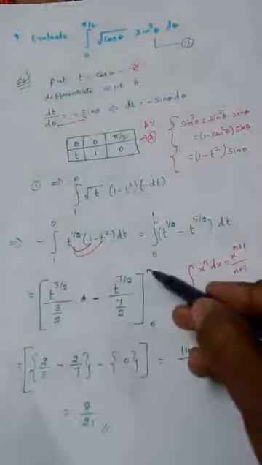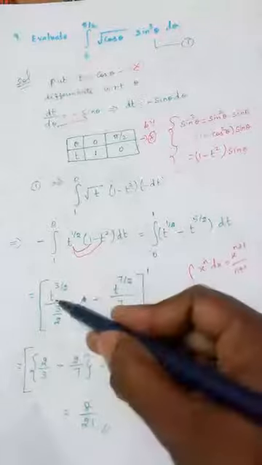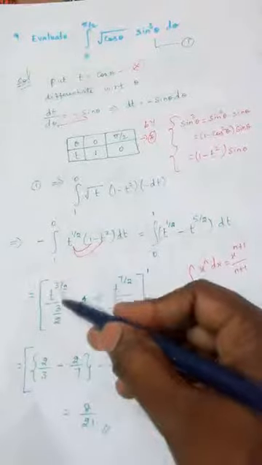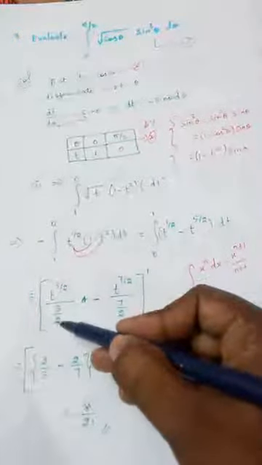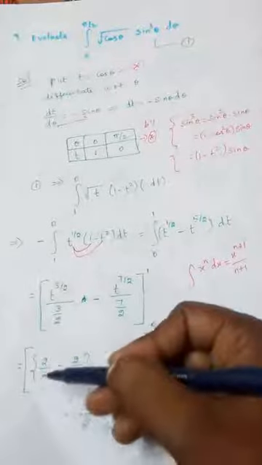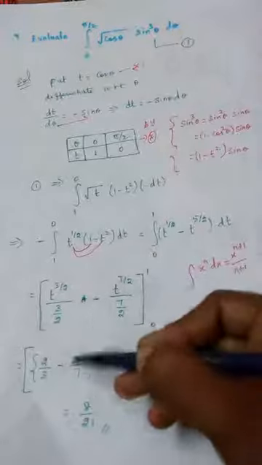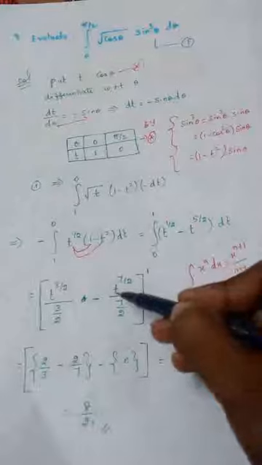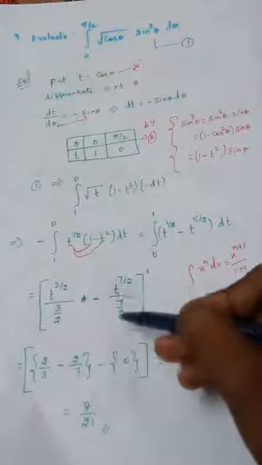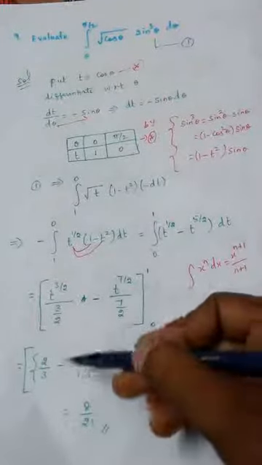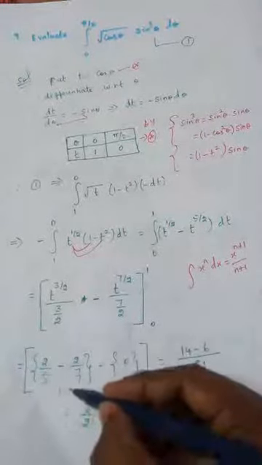Applying the limit, first apply the upper limit, 1. 1 power 3 by 2 is 1, so 1 by 3 by 2, upside down, 2 by 3, minus, applying 1, 1 power 7 by 2 is 1, 1 by 7 by 2, 2 by 7. This is called the upper limit.